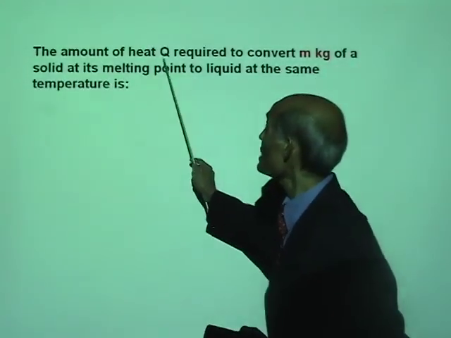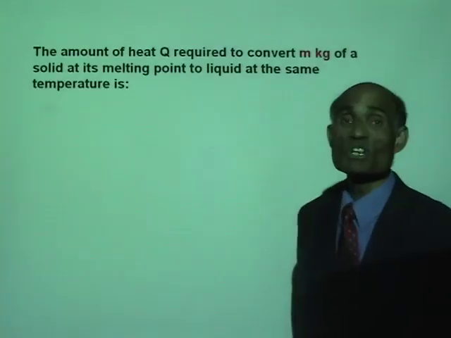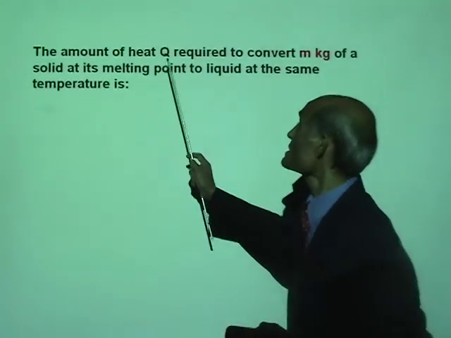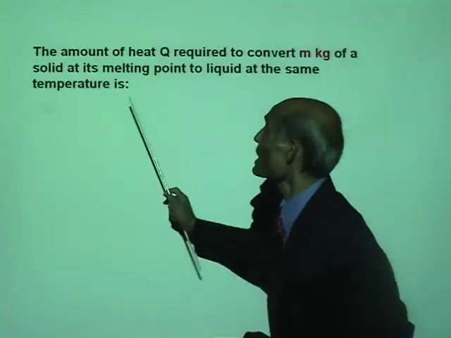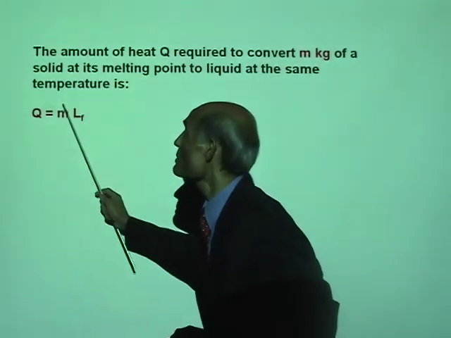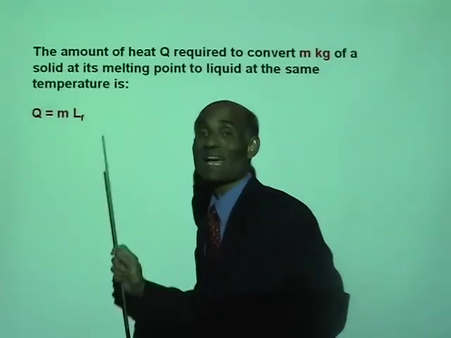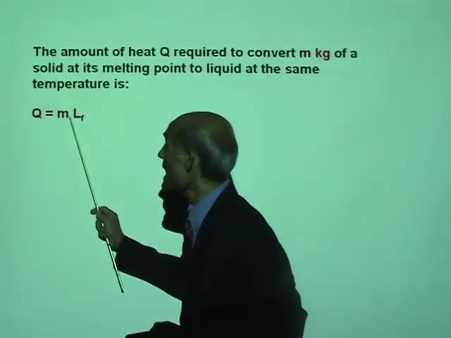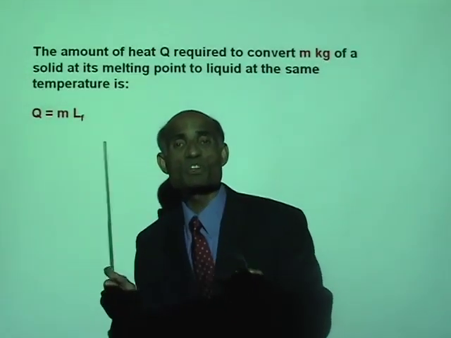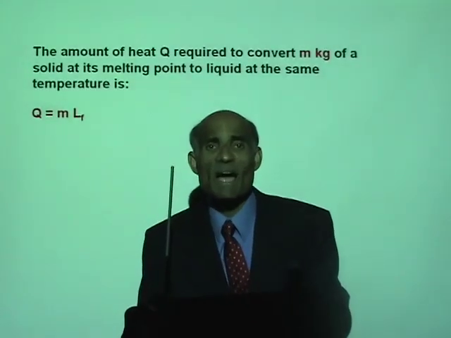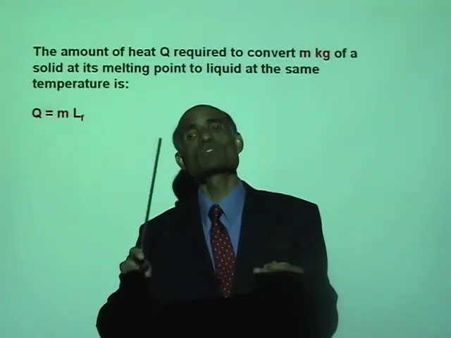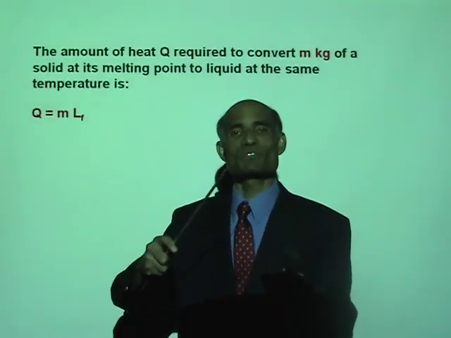The amount of heat Q required to convert m kilogram of a solid at its melting point to liquid at the same temperature is Q equal to m times L sub F. Remember, L sub F is the amount of heat needed to convert 1 kilogram of solid either from solid to liquid or from liquid to solid.